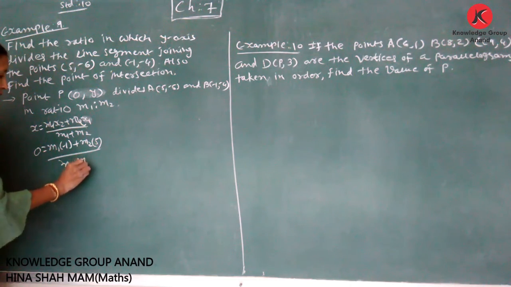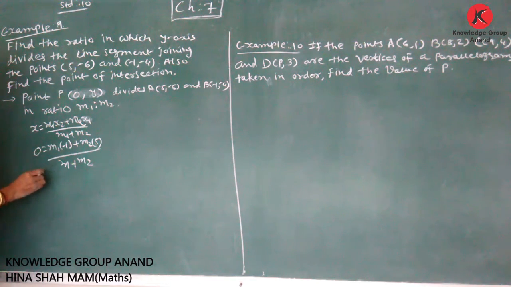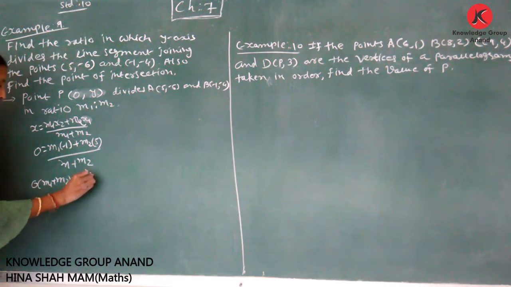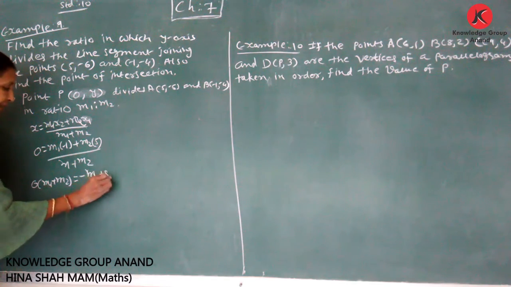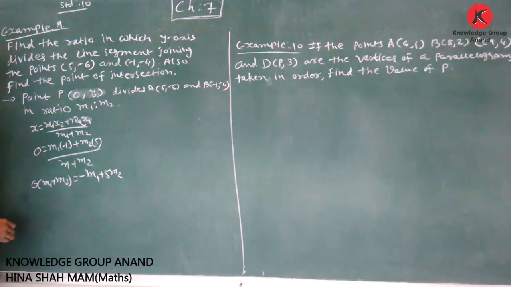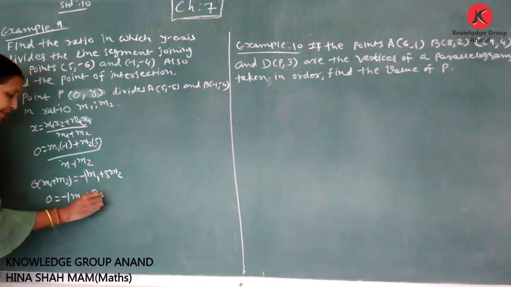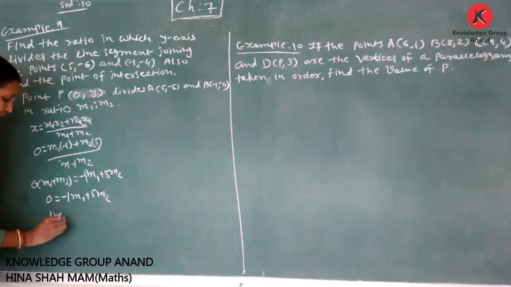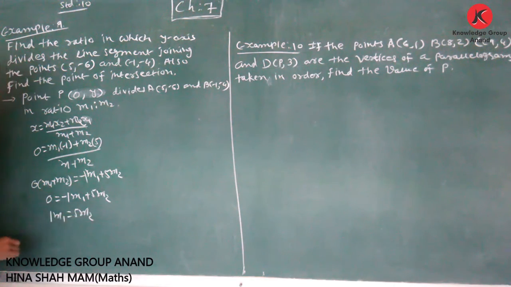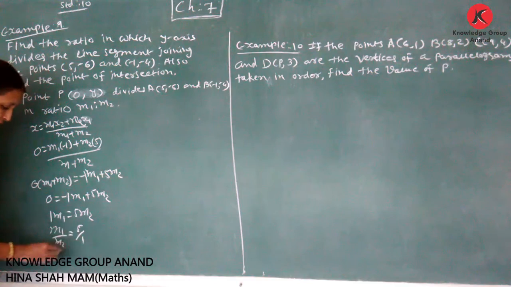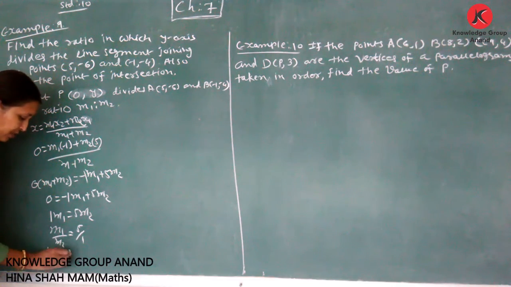Multiplying, 0 into (m1 plus m2) is equal to -m1 plus 5 m2. So 0 is equal to -1 m1 plus 5 m2, m1 is equal to 5 m2. Therefore, m1 upon m2 is equal to 5 upon 1. So m1 is to m2 is equal to 5:1.